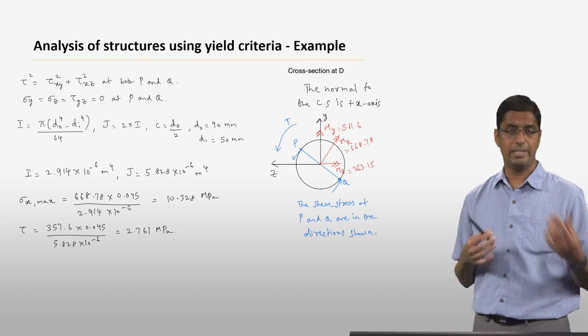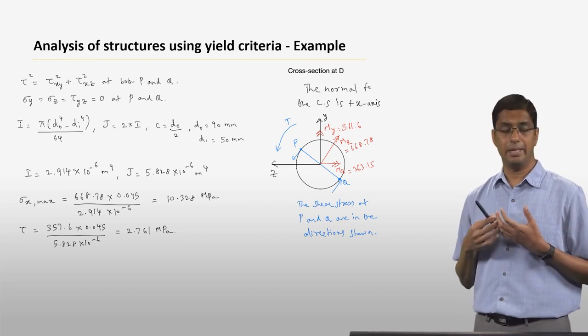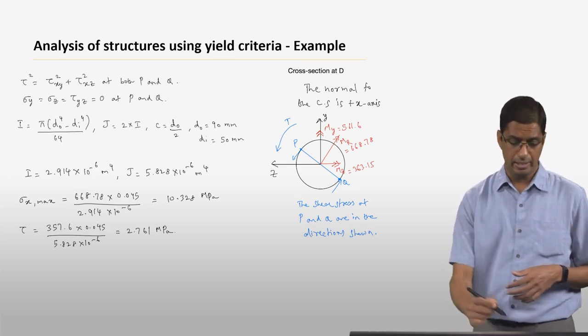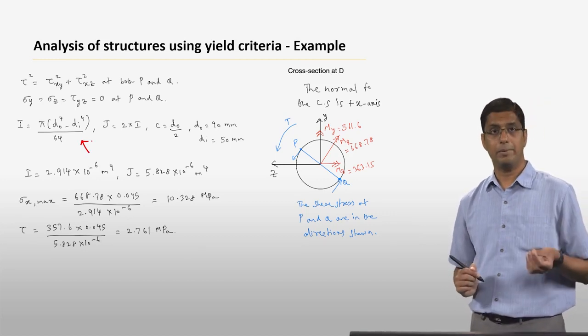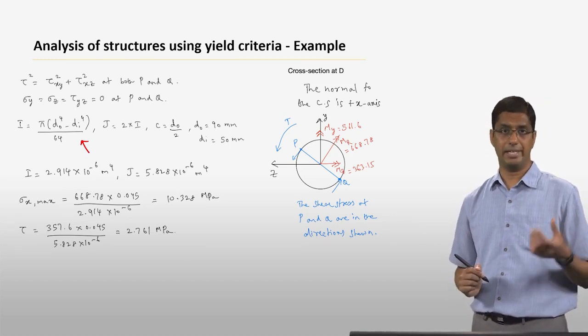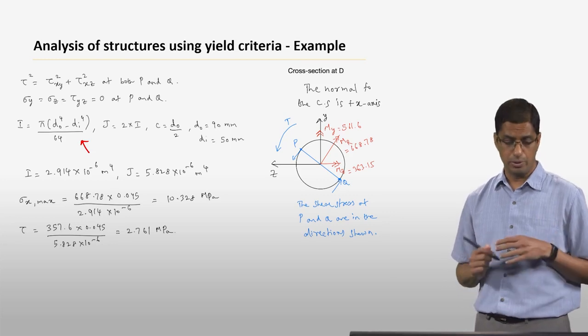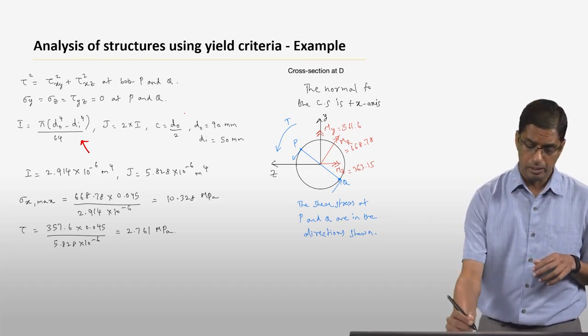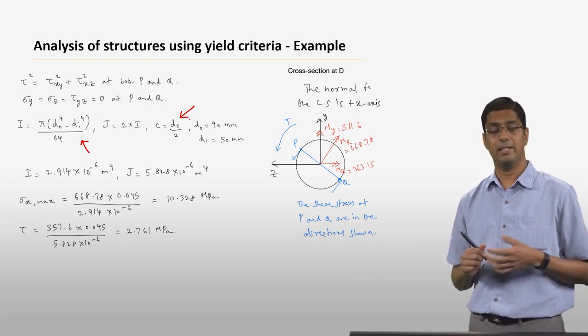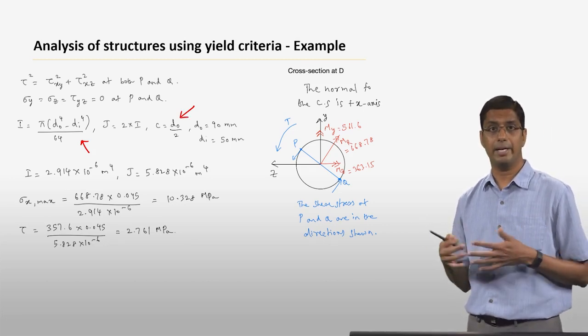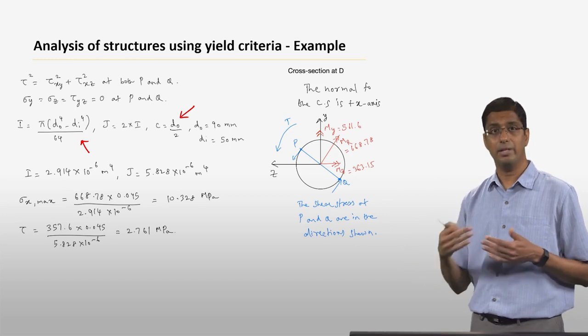For that, first we have to calculate the area moment of inertia, which is given by this formula here. The polar moment of inertia is nothing but 2 times I for a circular cross section. The C that you use for finding Mc over I is essentially d outer by 2.